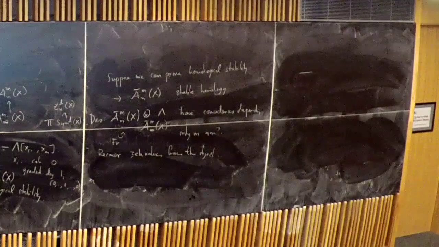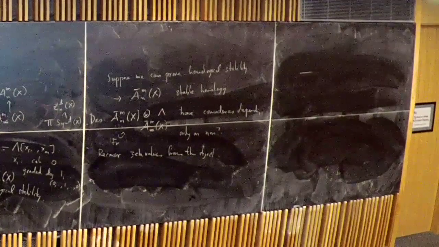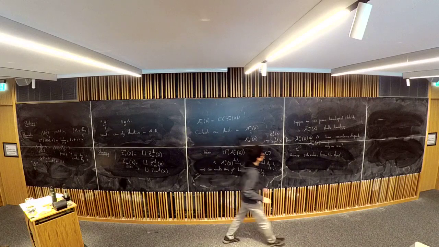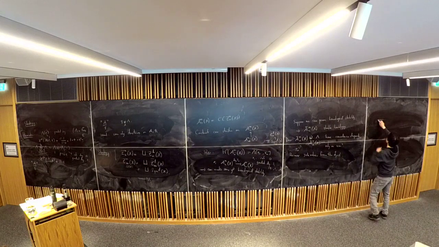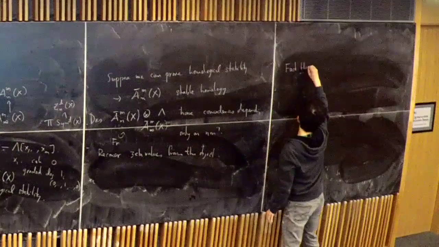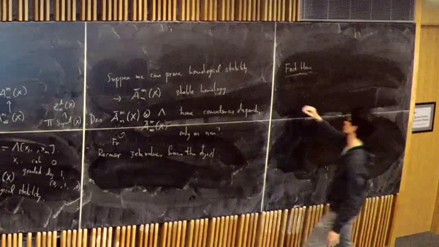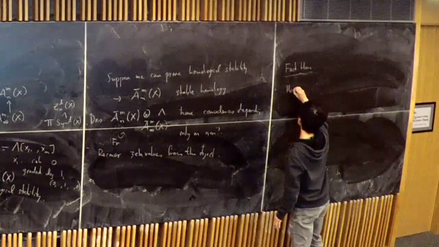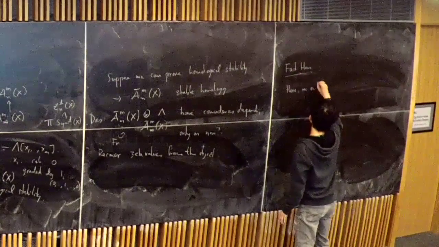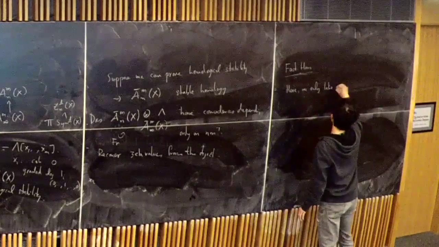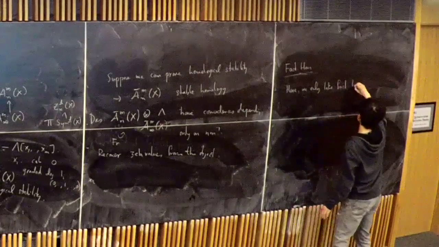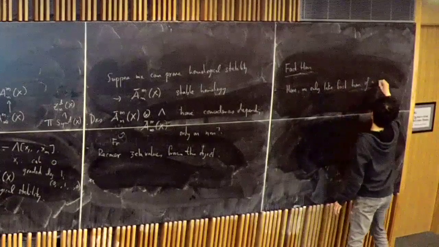Okay, so now let me introduce factorization homology, but in an algebro-geometric context. So to link with Hiro's talk, here we only take factorization homology of a commutative algebra object.